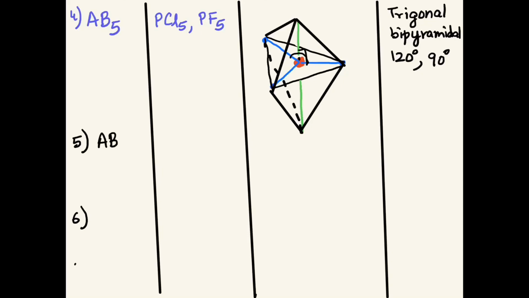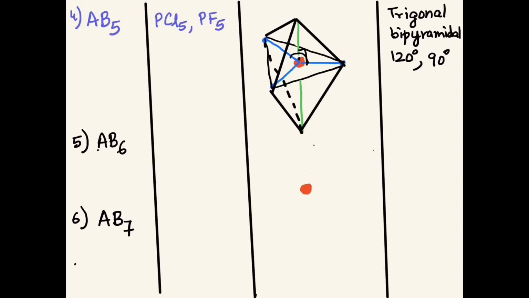Now, the work for you: the 5th, 6th, and would there be a 7th? AB6 and AB7. I want you to complete it. Draw it yourself. Let me know if you are not able to. But I'm very sure if you have paid attention, you would be able to do AB6 yourself. Pause the video and give it a try. So AB6, again coming back to the central atom, how are we going to arrange?